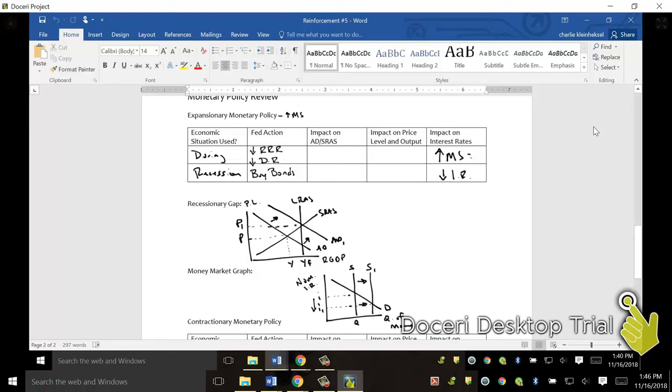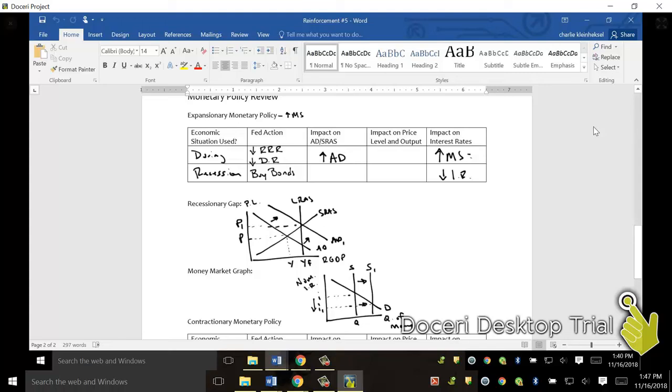And we can see that our goal is to fix the recession, right? So we lower interest rates by putting more money in the economy, and we're hoping that that encourages more borrowing and spending, and we can close that recessionary gap that we had on our graph. So impact on AD or SRAS, I'm going to put all three of these tools are going to cause the AD to increase because we're trying to encourage more borrowing and spending.